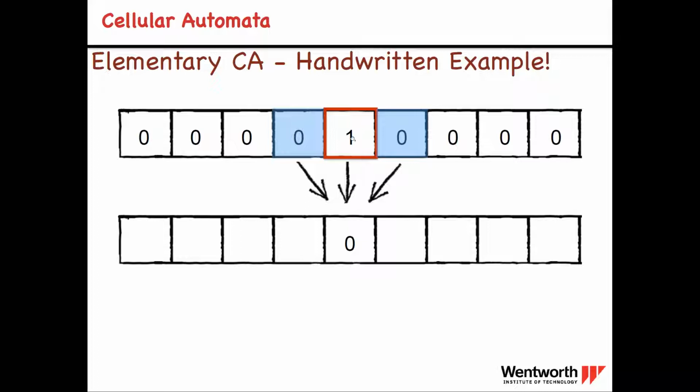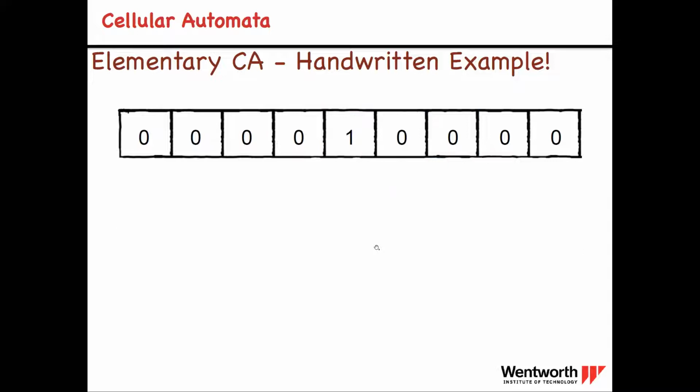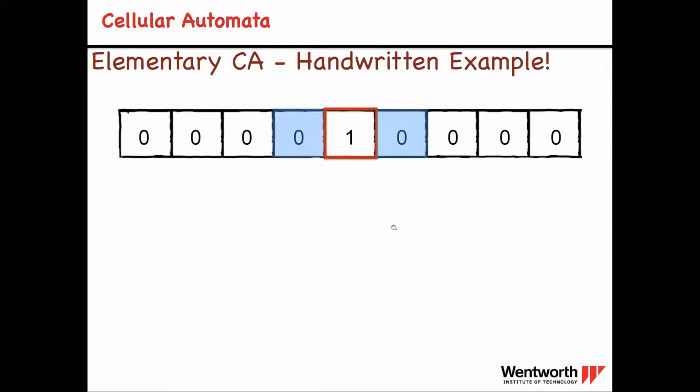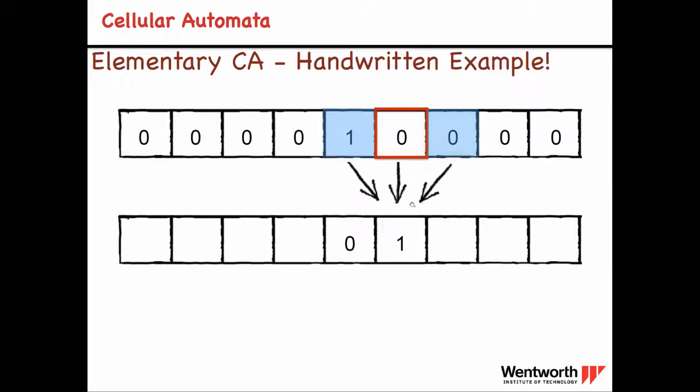For that center cell that we picked, we change it to a 0. Now we move over one direction, 1, 0, 0. That goes to a 1. Let's go back and look that rule up. 1, 0, 0 changes to a 1. So we get the 0 first, then we get the 1. All zeros just goes to a 0.